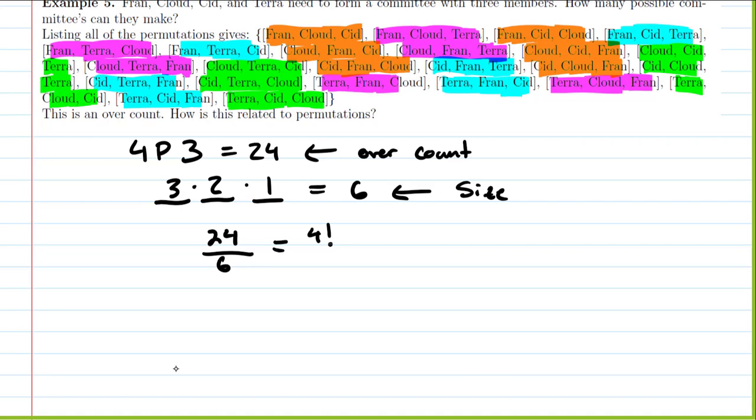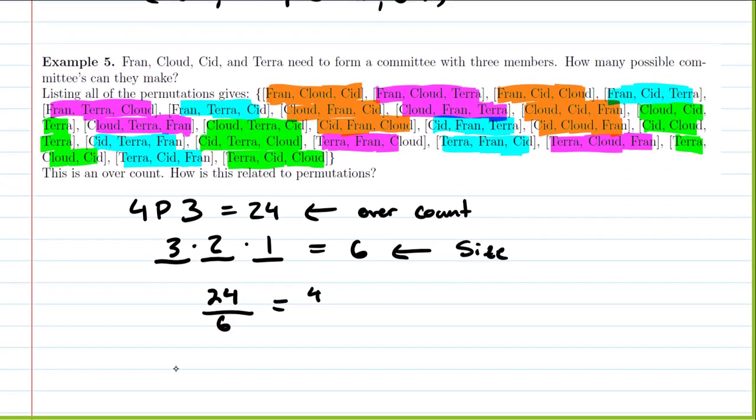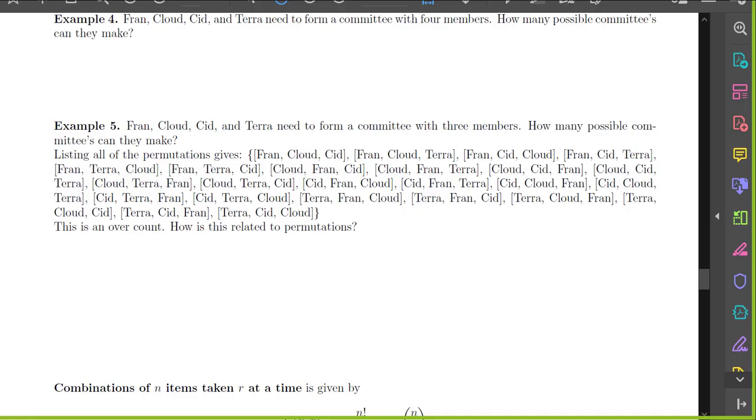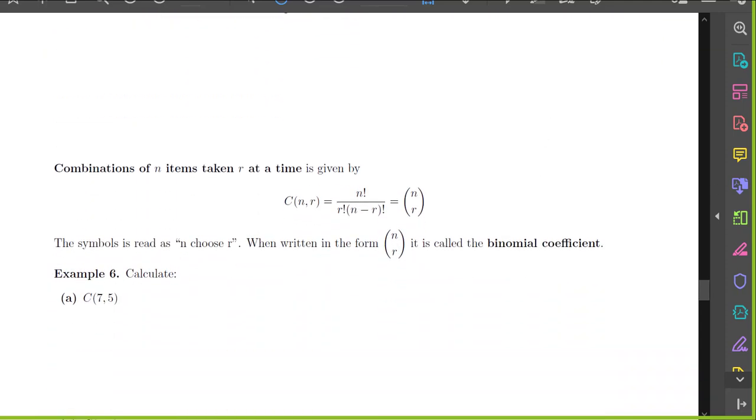Not with a factorial. Gives us 4. So this leads us to the following conclusion, which is a combination.